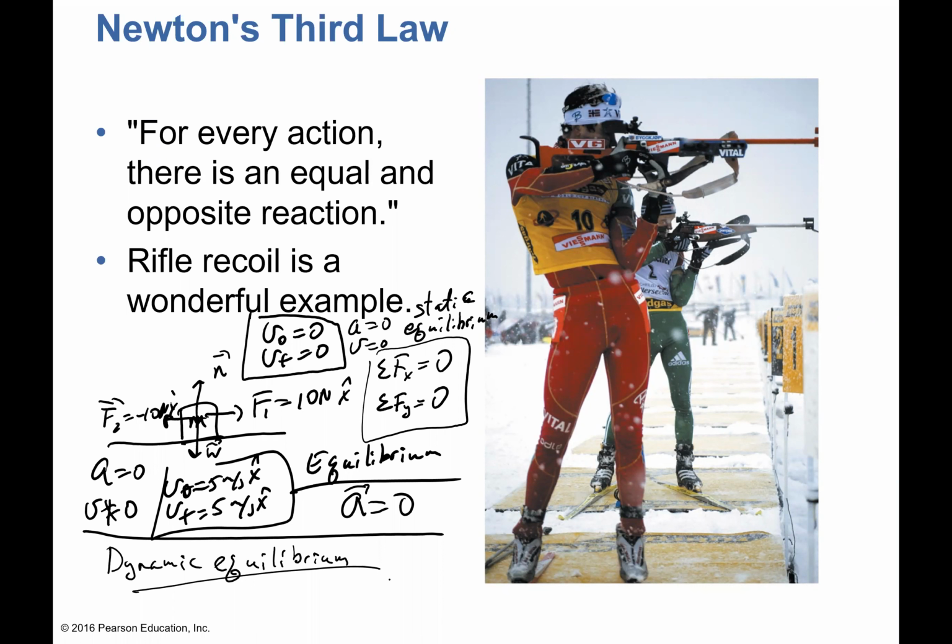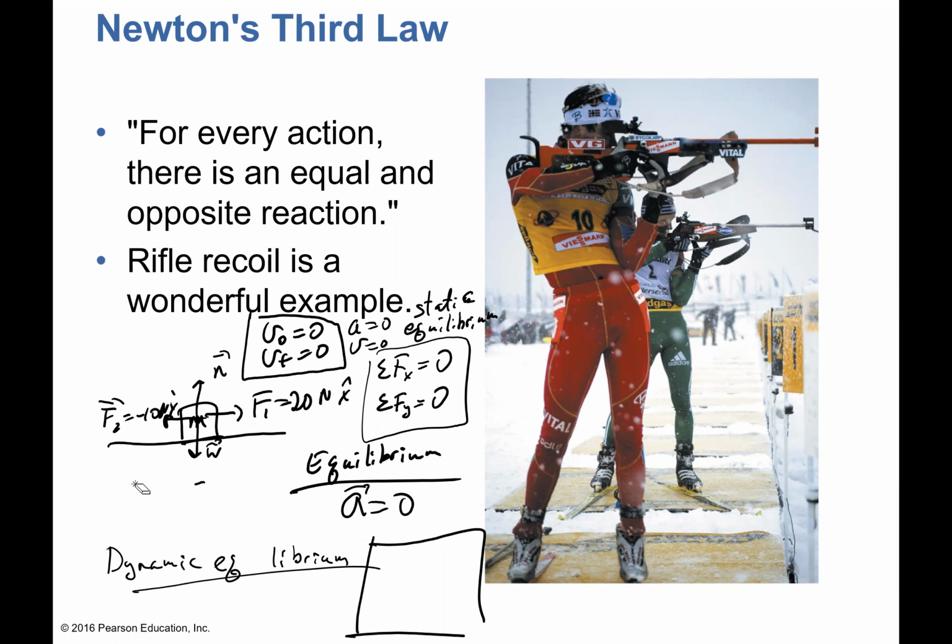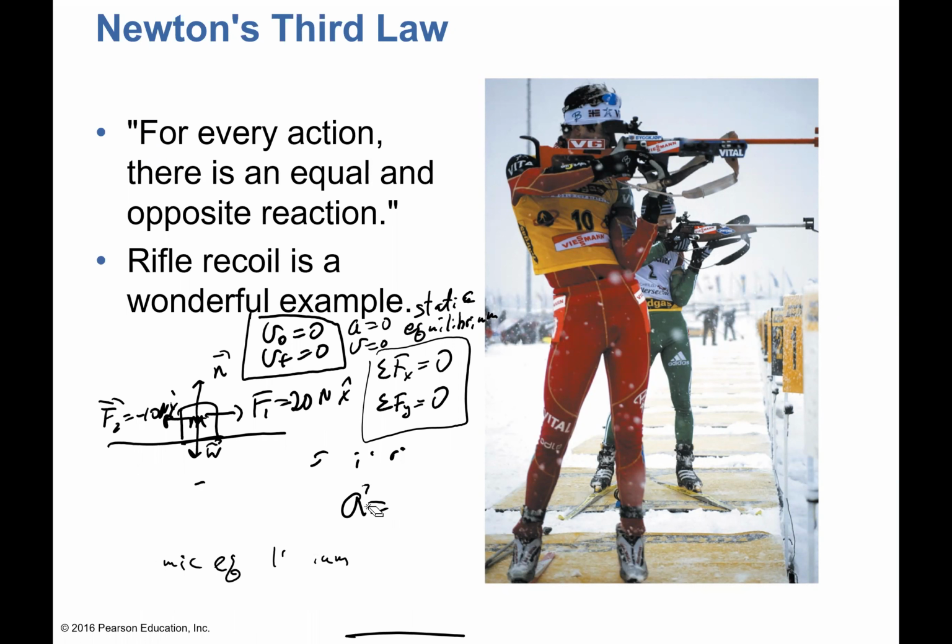This is the first law. The second law is, in a way, something like this. The difference is that you come back and say, you know what, this force here is 20 instead of 10. Well, then what do we get? We don't get equilibrium anymore. Let's make this 15 newtons, for example. In the y direction, they still cancel each other, but in the x direction, they don't. 15 minus 10, you get 5 newtons.